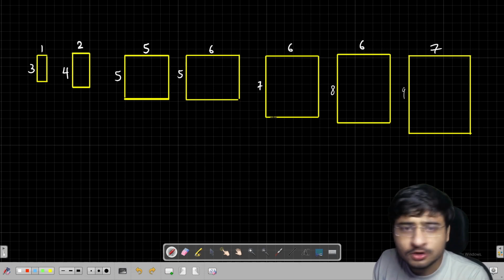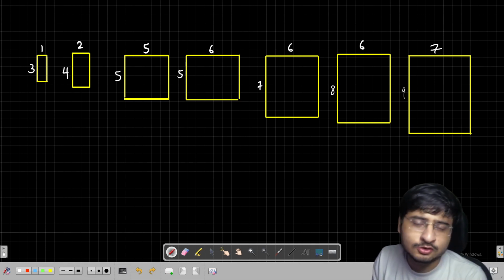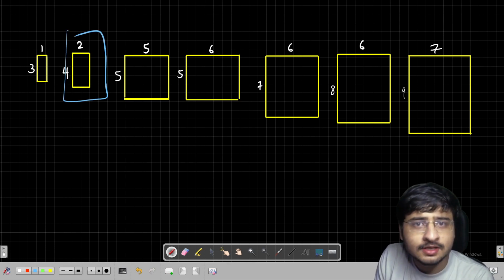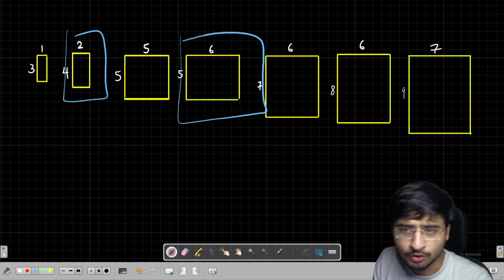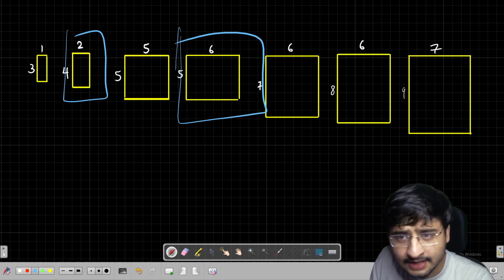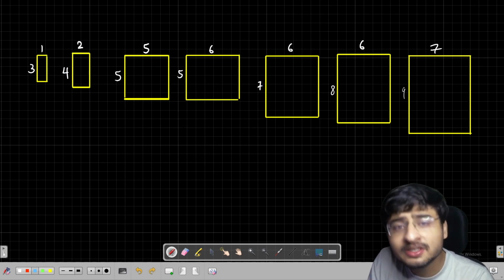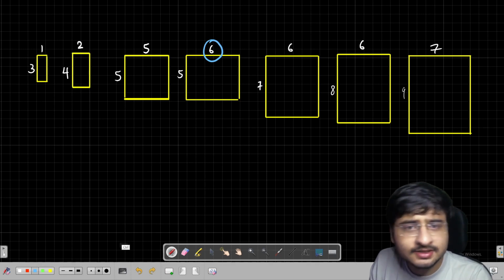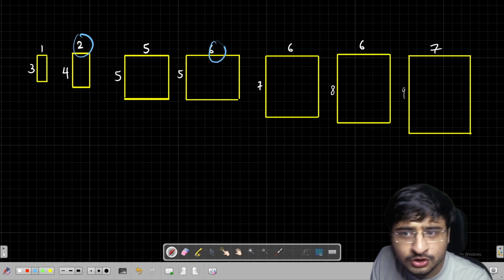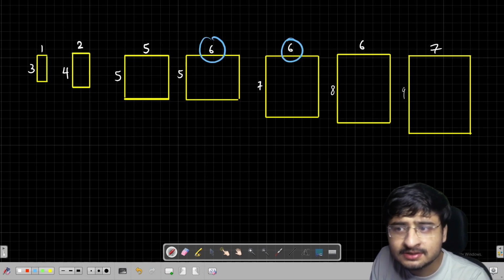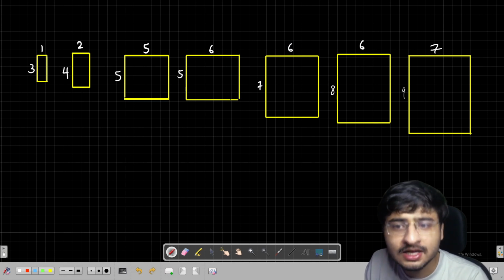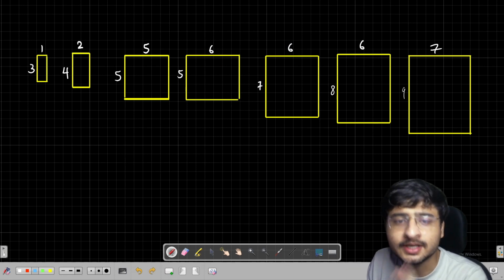And of course, it might seem that we have actually solved the problem, but you can see if I select an envelope from here, and another envelope from here, can I say the second envelope I have selected will always have a width greater than the previous one, right? Definitely this is ensured in some cases, for example 2 to 6, but if you look at this case 6,6, they have equal widths. I cannot tolerate equal as well. I want them to be strictly smaller, right?